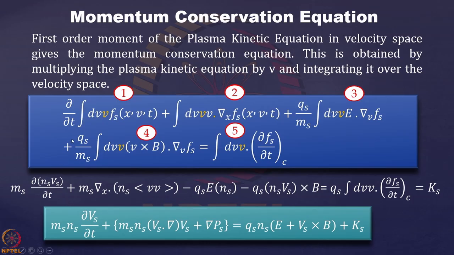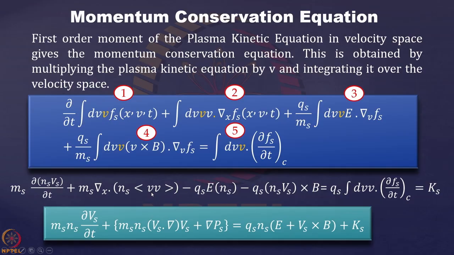Okay. So now you know that the first term gives you the integration dv and then v into fs(x,v,t). As per our definition of the center of mass fluid velocity Vs, this will be nothing but ns Vs, and we'll get this term as ms del/dt of ns Vs. Similarly, in the second term you can see that we are getting some average value. This is v into v, and we will be getting this vv, which is basically a tensor quantity.